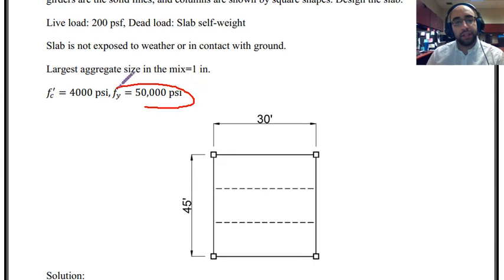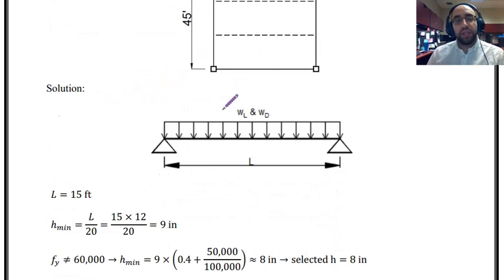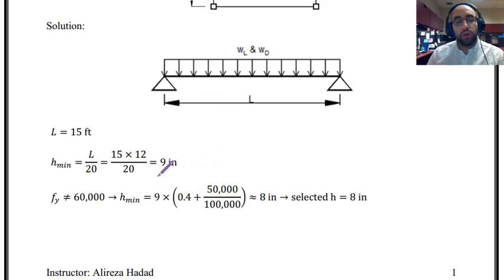As you can see, Fy that we have is equal to 50,000 PSI, and based on this I have to modify this height based on this modification factor. So 9 is the thing that we got from the table. Now I have to modify it by this modification factor.